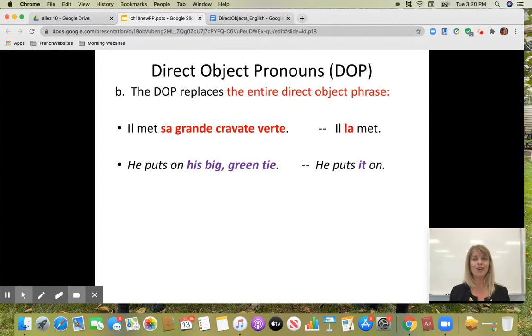I'm not going to say he puts it on big green. So I get everything, and I'm going to replace all of it with it. Il met sa grande cravate verte. Il la met. All of it turns into la because cravate is feminine singular.